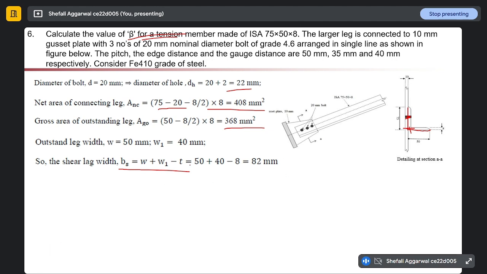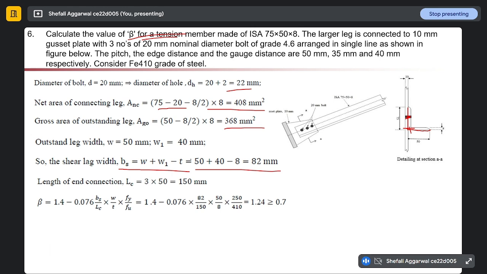So same thing we are using here, 50 plus 40 minus 8. So after calculating this shear lag width, BS is given as 82 mm.